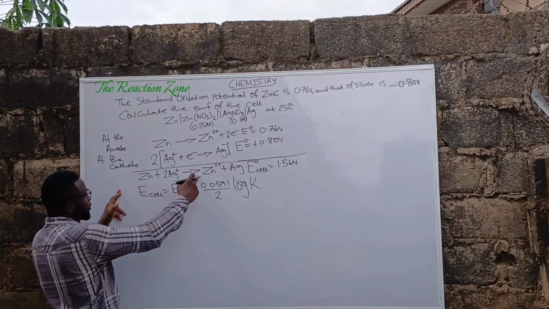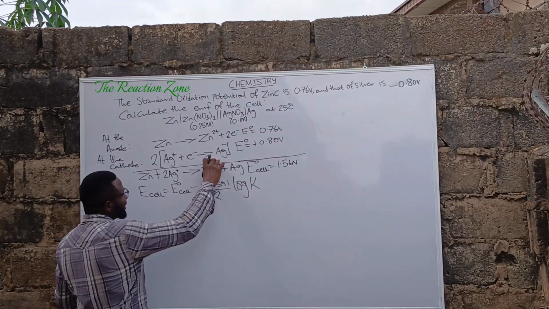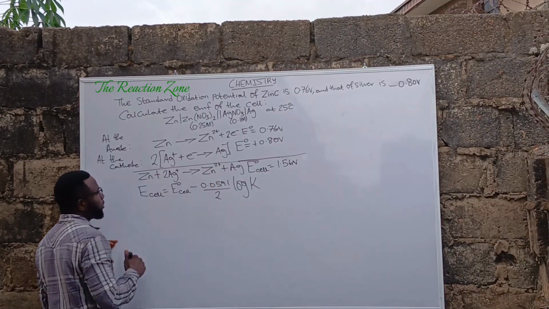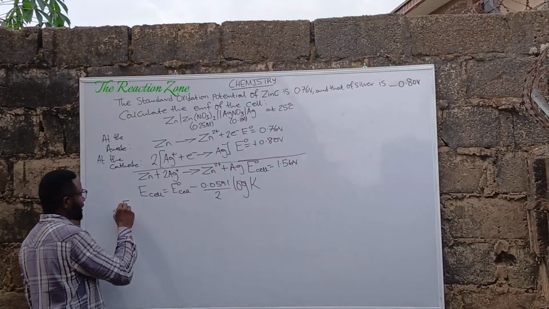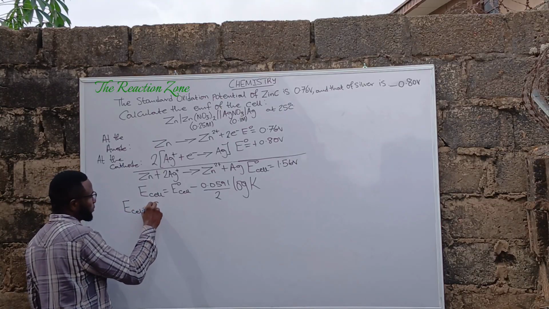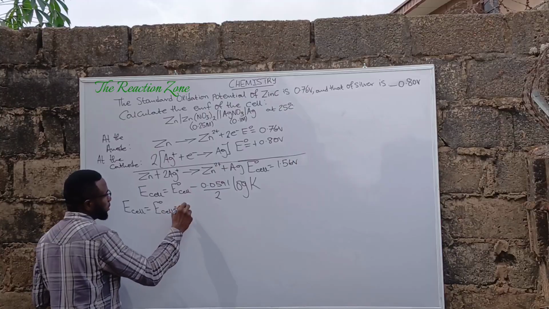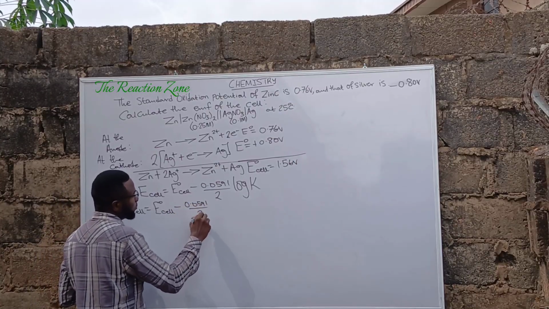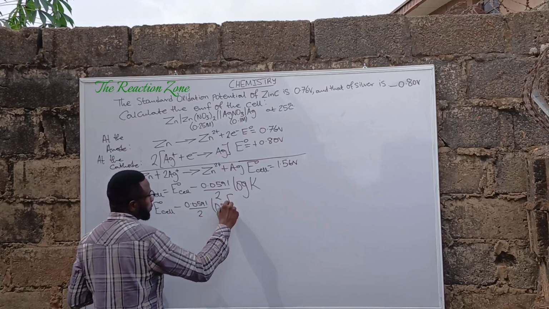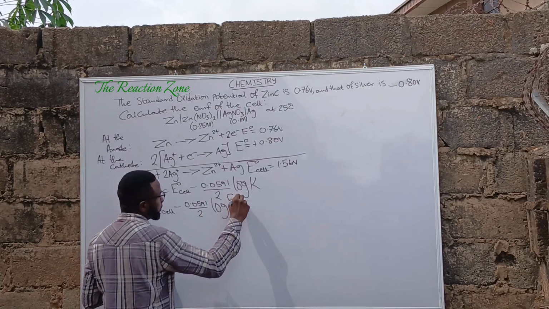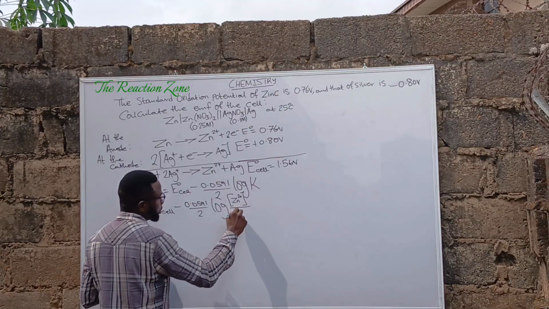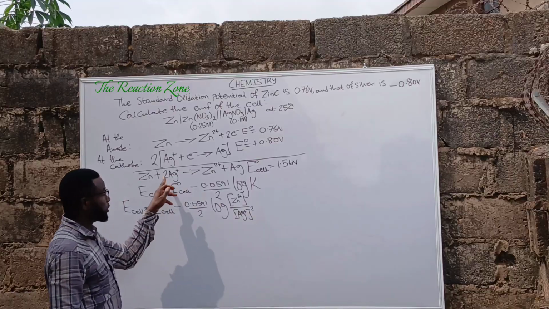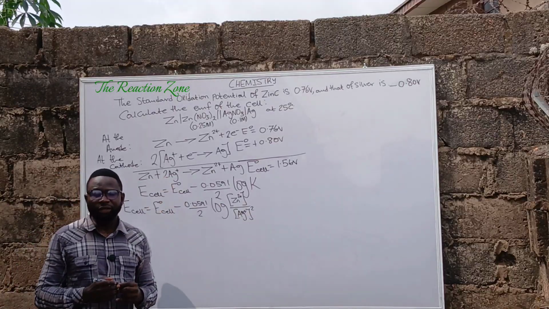Now, looking at the overall cell equation, you can see that Zn2+ is the ion in the product and Ag+ is the ion in the reactant. So this means that E cell is going to become E0 cell minus 0.0591 divided by 2 log concentration of Zn2+ over concentration of Ag+ raised to power 2. We're raising to power 2 because of the 2 that is in front of it here.